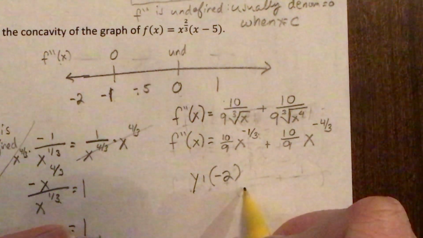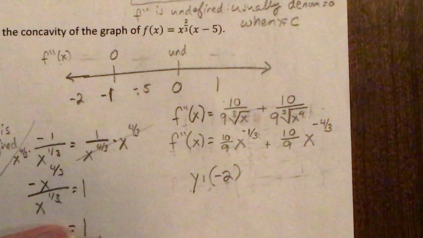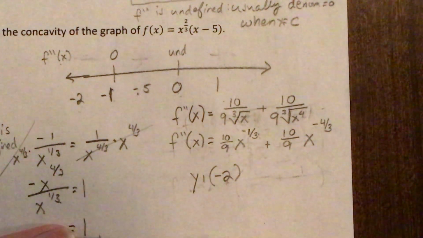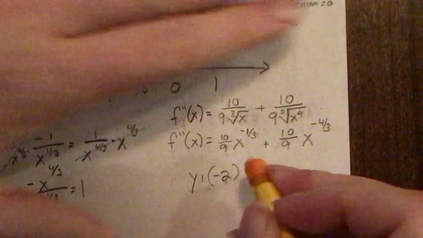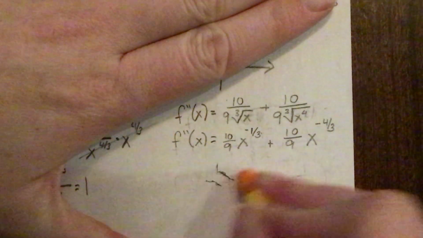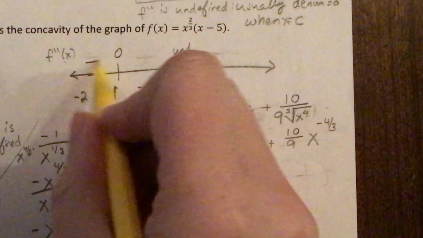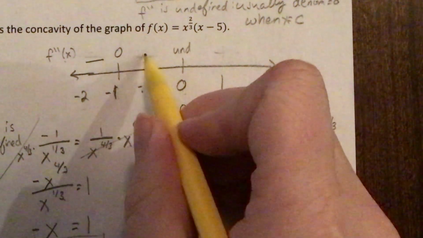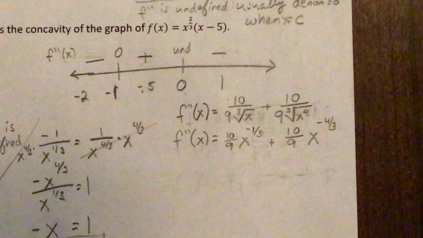So you've got to do parentheses to type in -2 as your x value there. And y1 represents our second derivative. Okay, so second derivative at -2. I'm not going to show you all the calculator stuff, but you end up with a negative number. You end up with a positive number for -0.5, and you get a negative number for 1.